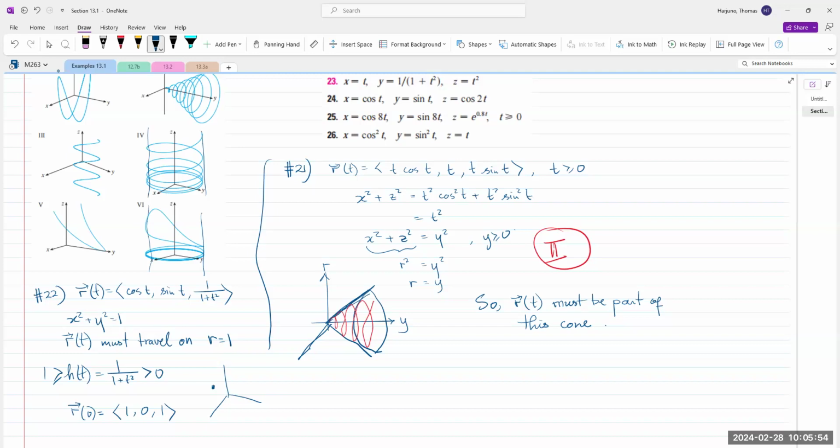But in graph number 4, when t equals 0, it seems like this is the maximum, which is not (1, 0, 1).